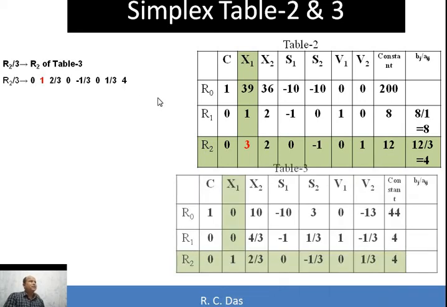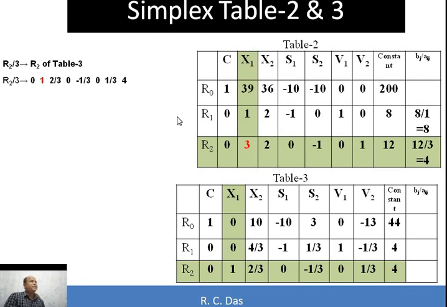Okay, how? 0 divided by 3 is 0, 3 divided by 3 is 1, 2 by 3, 2 by 3, 0 by 3 is 0, minus 1 by 3, minus 1 by 3, 0 by 3 is 0, 1 by 3, 1 by 3, 12 by 3 is 4.